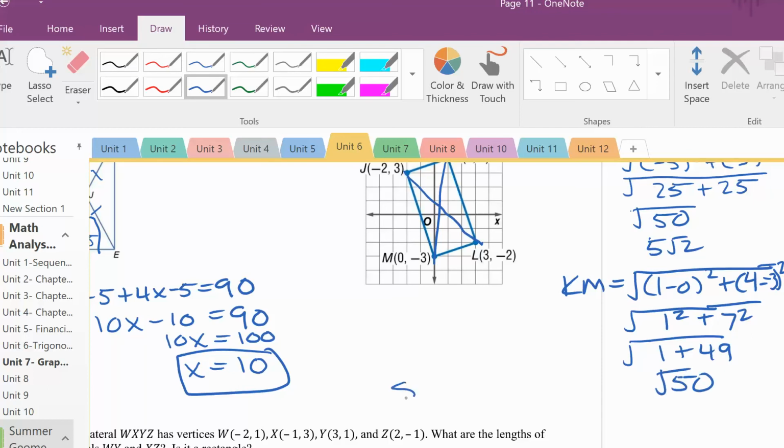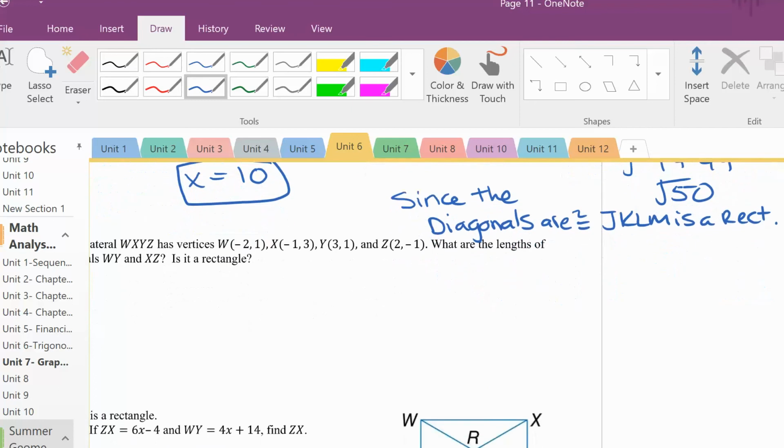So since the diagonals are congruent, JKLM is a rectangle. There you go. So that's how you use the distance formula to prove it's a rectangle.